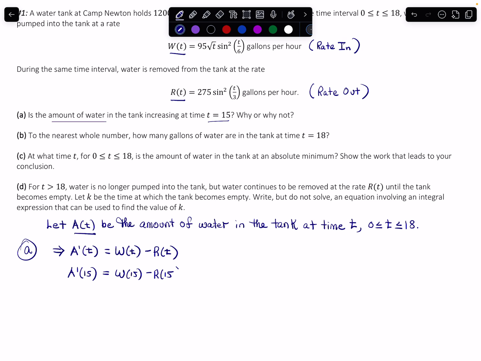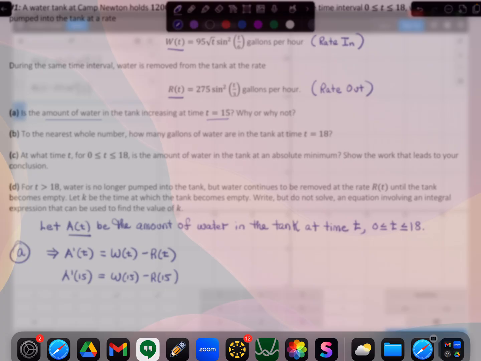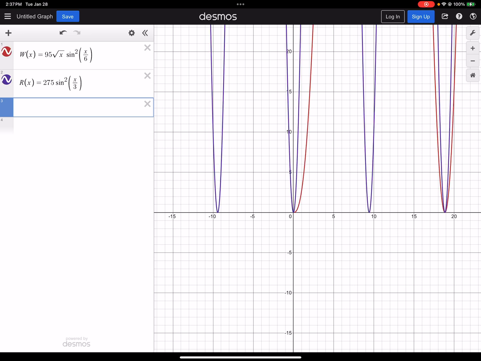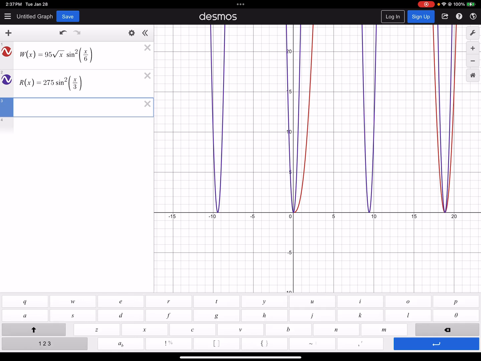This is part A, so I need my calculator, and I did a little bit before, so I'll show you. The very first thing I would do is define the functions W of x and R of x so they're ready to be used. Now that they're defined, and I'm looking to find W of 15 minus R of 15, all I have to do is type that into Desmos, which is why I would use Desmos pretty much all the time.